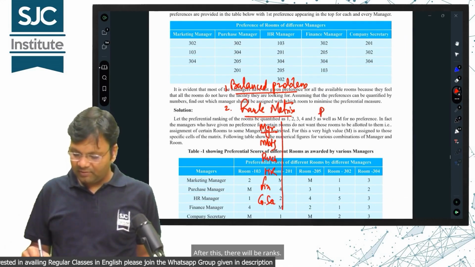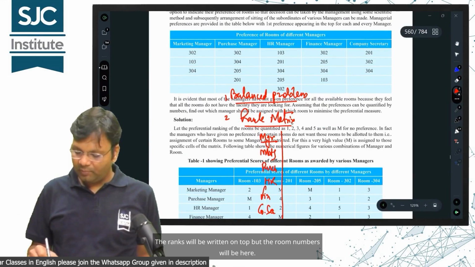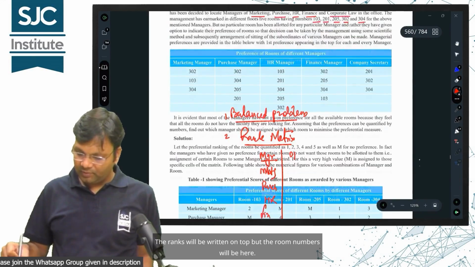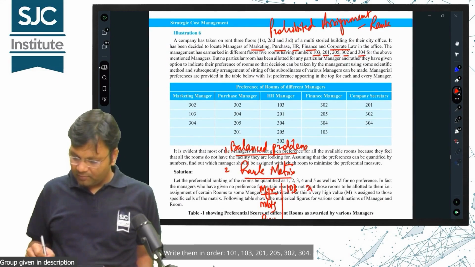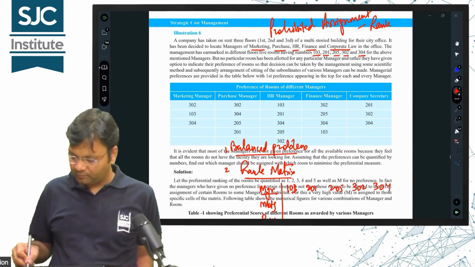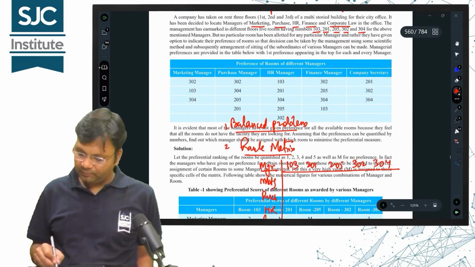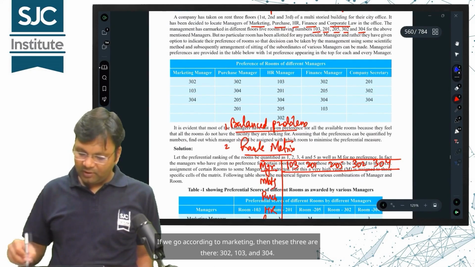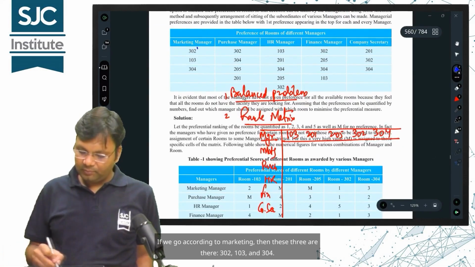After this, there will be ranks. The ranks will be written on top, but the room numbers will be here. What are the room numbers? Write them in order: 101, 103, 201, 205, 302, 304. If we go according to marketing, then these three are there: 302, 103 and 304.